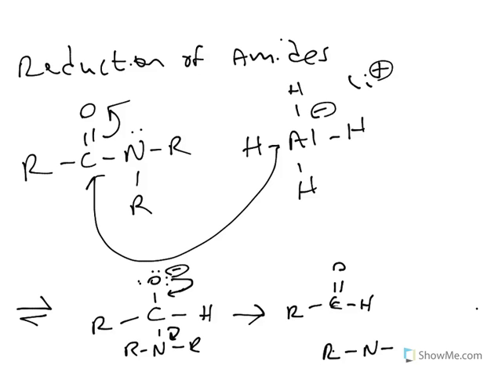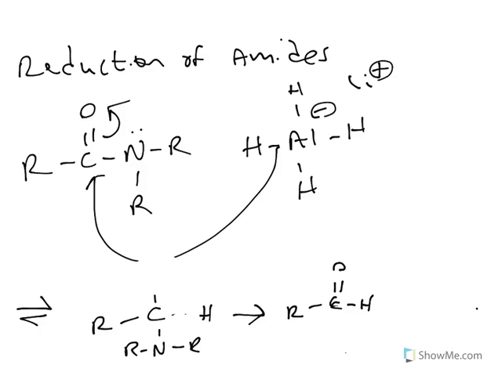We would lose this guy. This is far too strong of a base. So the conjugate acid of this pKa would be somewhere around 35. So this is way too strong of a base. So even though we're in strong base or basic solution, this is not going to happen. So we're not going to actually lose nitrogen in this case.